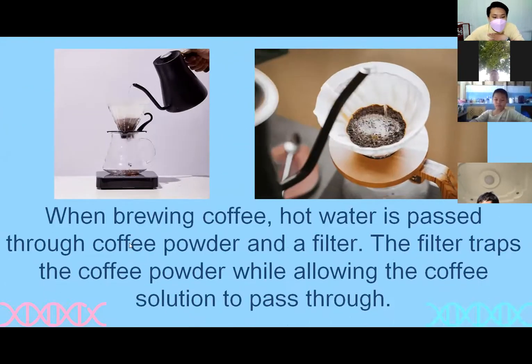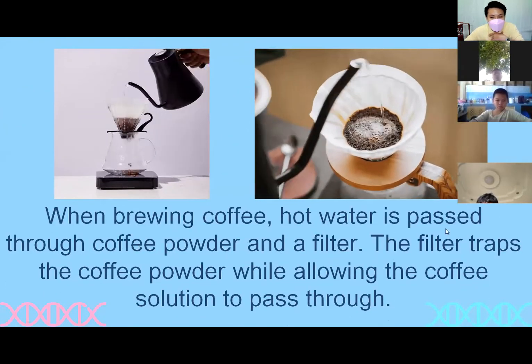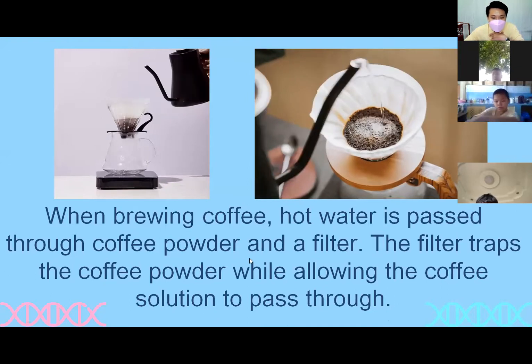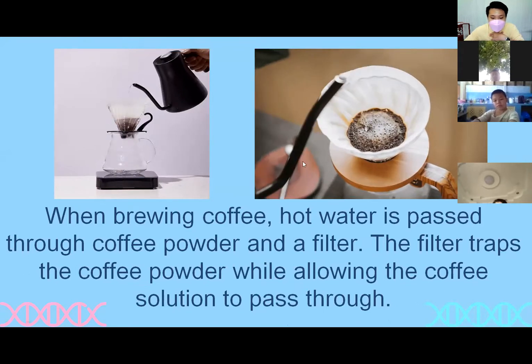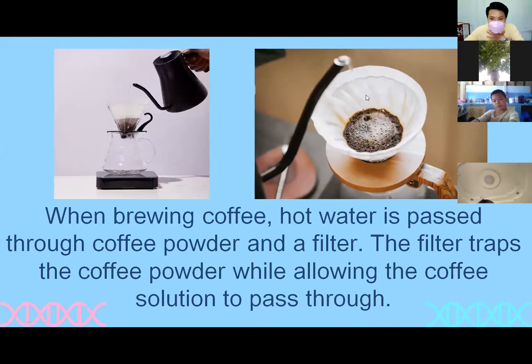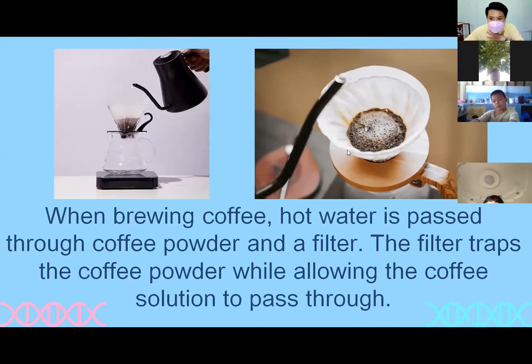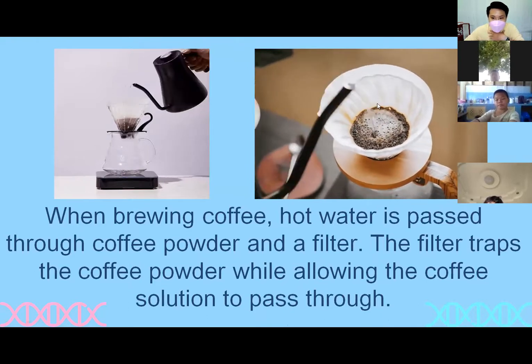Next is, when brewing coffee, hot water is passed through coffee powder and a filter. The filter traps the coffee powder while allowing the coffee solution to pass through. So as you can see, this is the coffee, and then this is the filter paper, right? So they put water on top of the coffee powder.